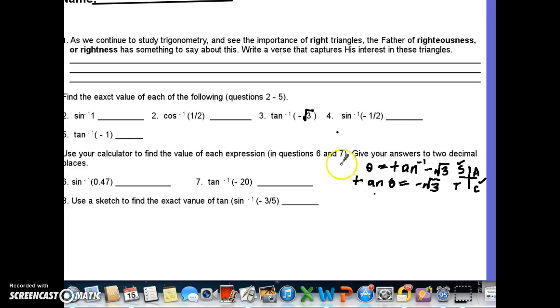You will recall, this is number 3, that tan of any angle is equal to the sine over the cosine. So essentially we want to find the angular position where the sine over the cosine will work out to negative root 3. Where would that be? Well, it might be a good idea to look for a place where the sine itself is root 3 over 2 or negative root 3 over 2.